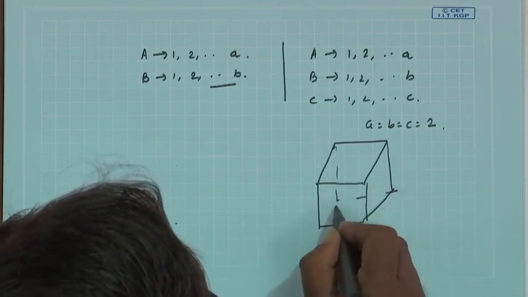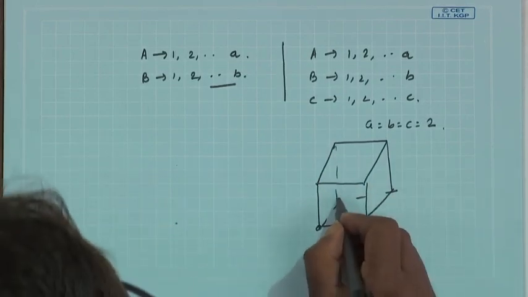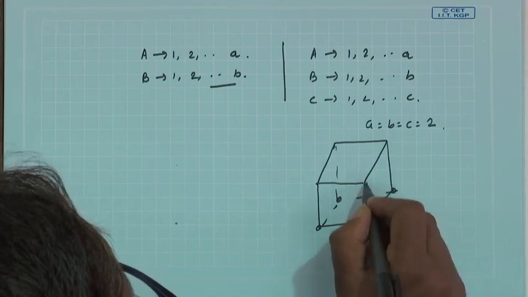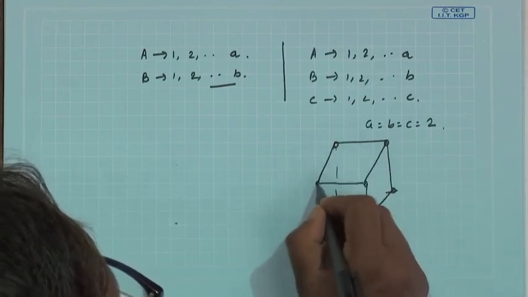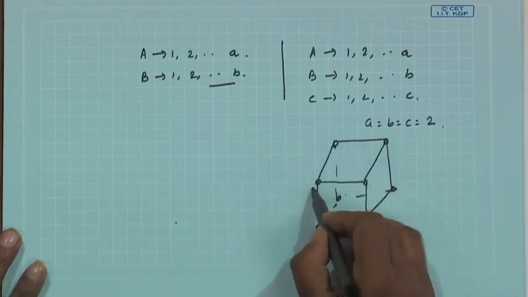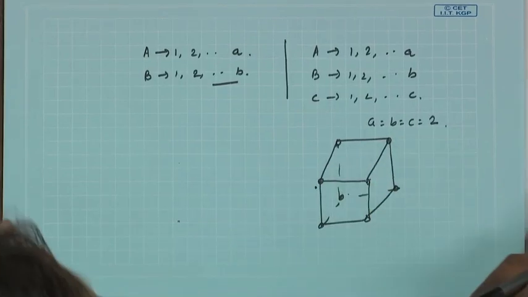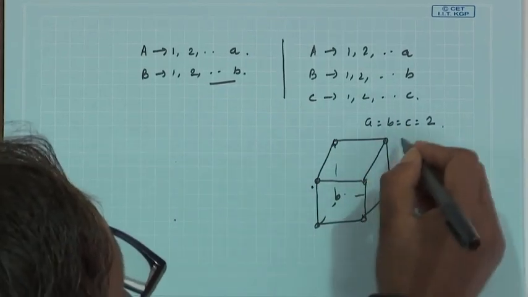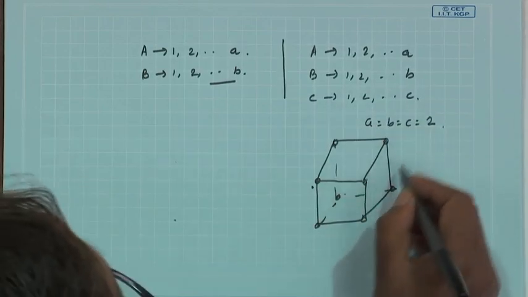So you have 8 experimental settings, 1 2 3 4 5 6 7 8.